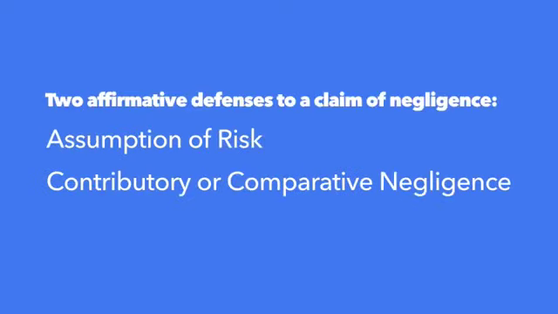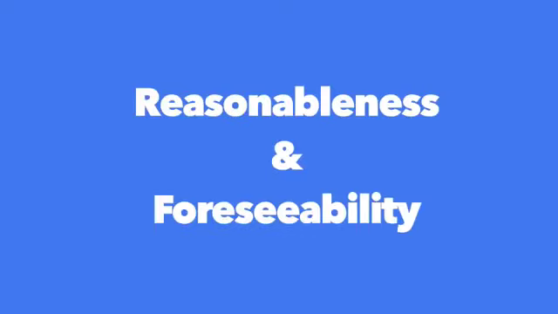The two affirmative defenses to a claim of negligence are assumption of risk, which is somewhat similar to the consent defense to intentional torts, and contributory or comparative negligence, which is based on the argument that the plaintiff's own negligence contributed to his injuries, and thus his recovery of damages should be reduced or even barred altogether.